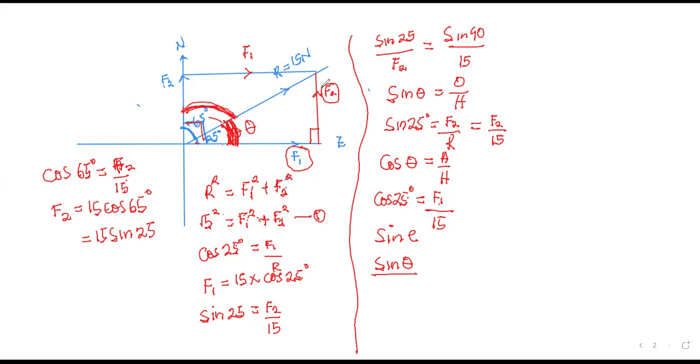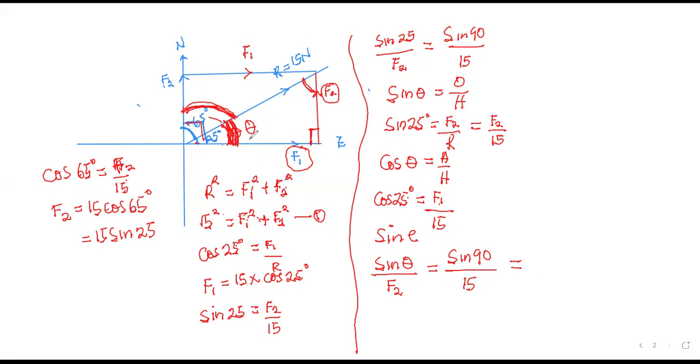If theta, the side opposite to it is F2. So divided by F2 must be equal to the sine of any other available angle. The available angle here is 90. So sine of 90 divided by the side opposite to it, and that is the resultant, which is 15.